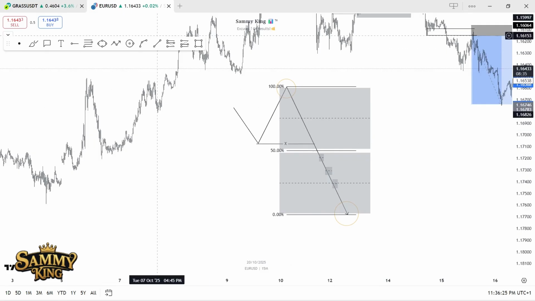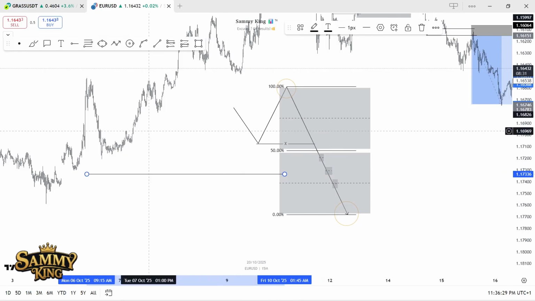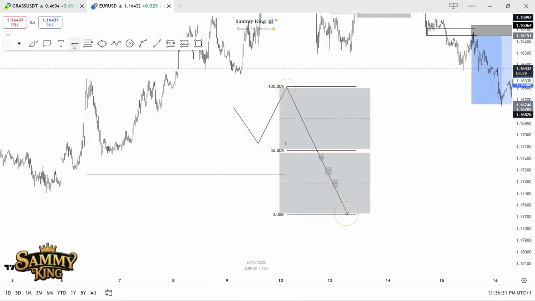Once you open your chart like this, have it in mind that your premium is above and your discount is below. So whether you are on an uptrend or a downtrend, your premium is always above and your discount is always below.